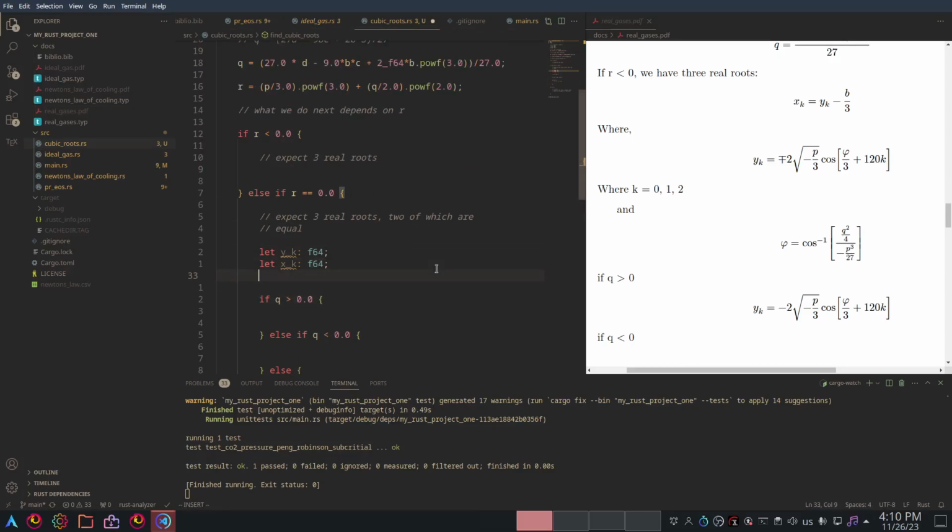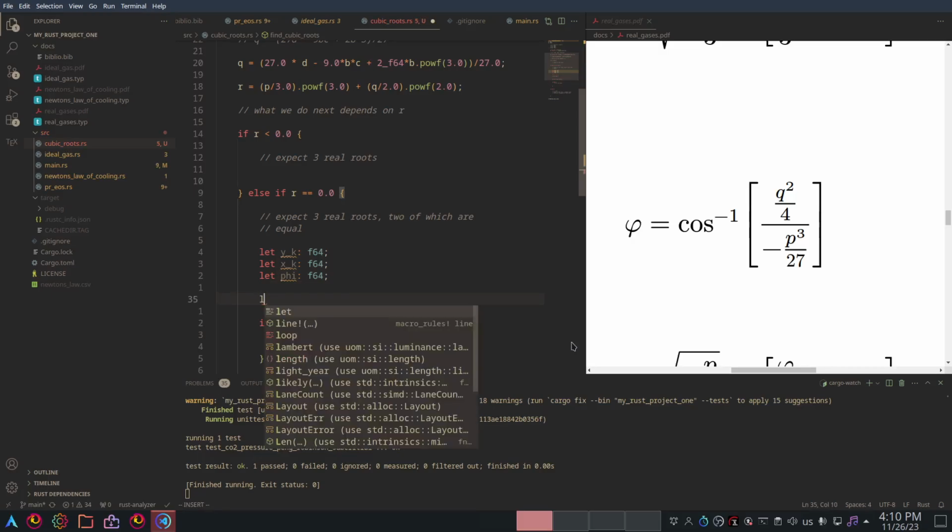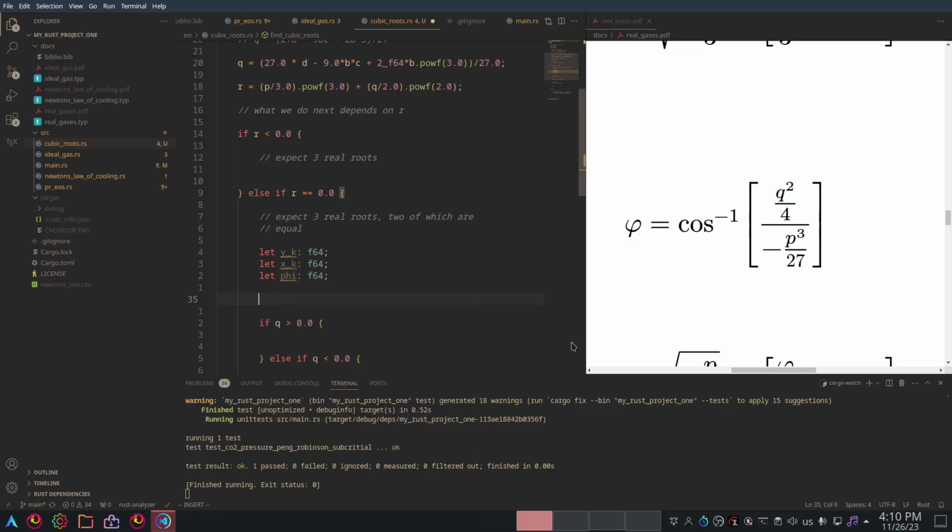Let phi, that's an f64 also. So we need to calculate the arc cosine of this term. So q squared over 4. So this part, I'm going to do it like this.